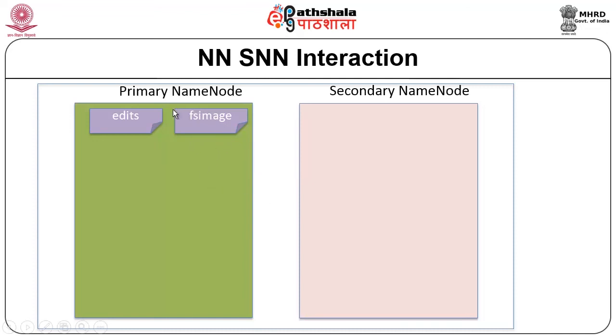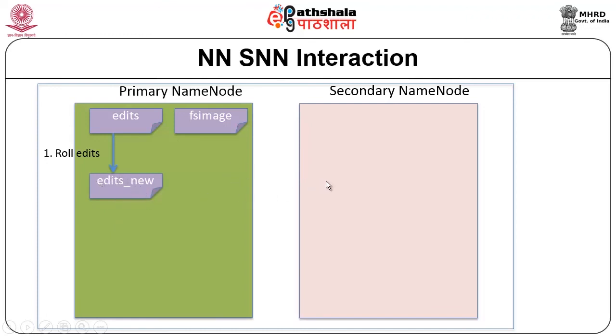Now, when the time comes for the secondary name node to step in, the primary name node starts a new edits. The earlier edits contains everything up to a certain point, FS image contains the overall snapshot from even before that, and the primary name node starts a new edits which is called edits new.